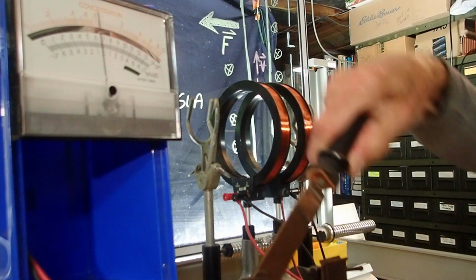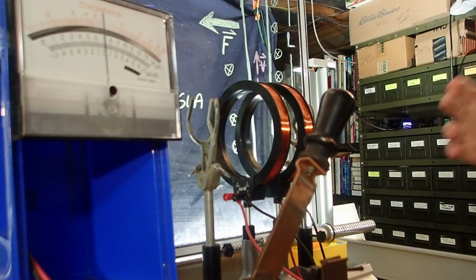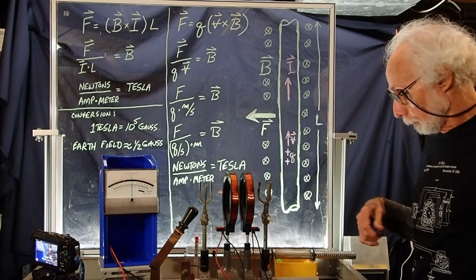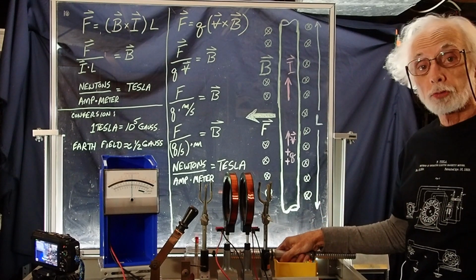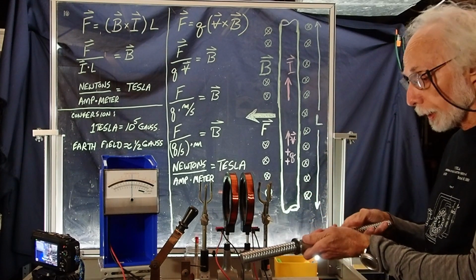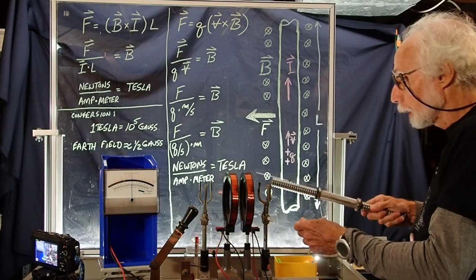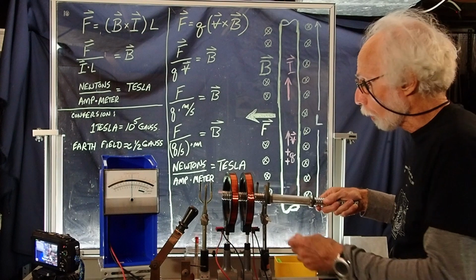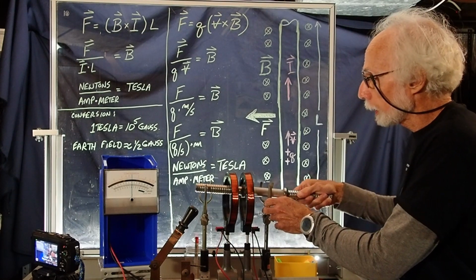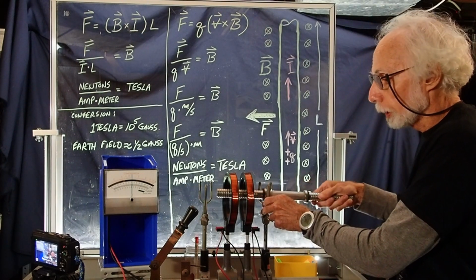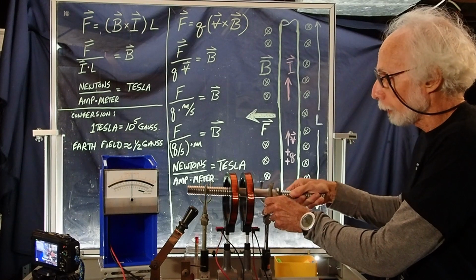Now the problem that we have here is that the magnetic field, in the absence of iron, is pretty dissipated. Iron focuses magnetic fields. What we've got here is a bar from a barbell. We're going to use it as an iron core, and we're going to put it in here. Now please note, it has no effect on the needle.